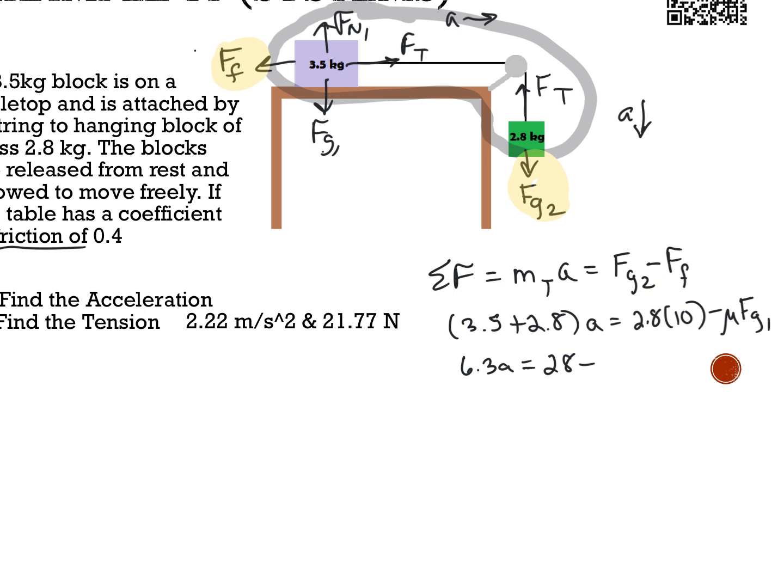Well, this really should have been the normal force, shouldn't it? But that is gravity if you look at your picture. These two guys are equal. So force of gravity on 1 would be 3.5 times 10. So we have 0.4 times 3.5 times 10. So we have 6.3a equals 28 minus 35 times 0.4. Looking at that on my calculator.